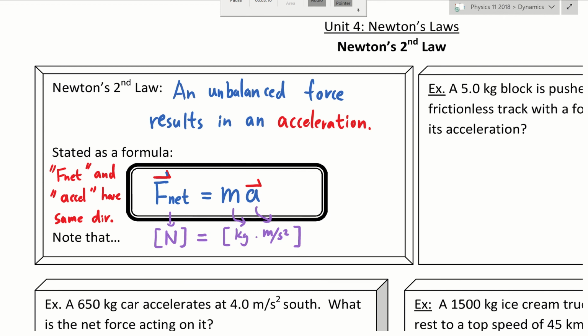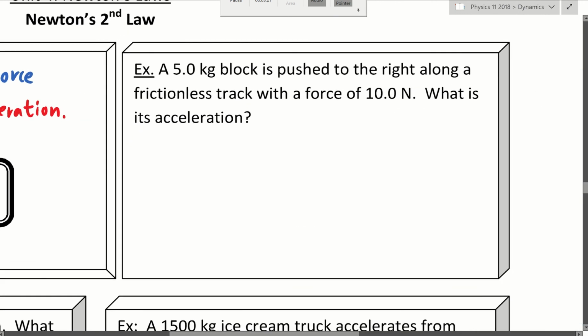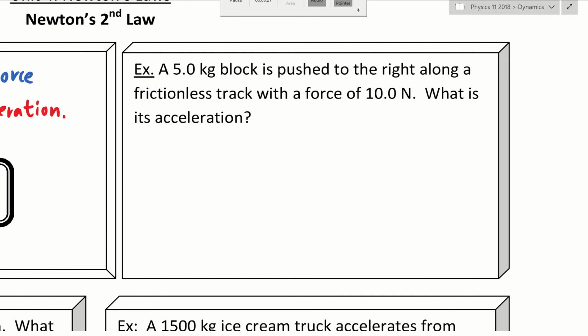Now this is just a calculation problem, so we're going to go through a couple of calculations. The idea is this. When you're looking at a question, first ask yourself, can I draw a diagram? Once you draw a diagram, ask yourself, are the forces balanced? If the forces are not balanced, then you find out which force is the odd one out at the end.